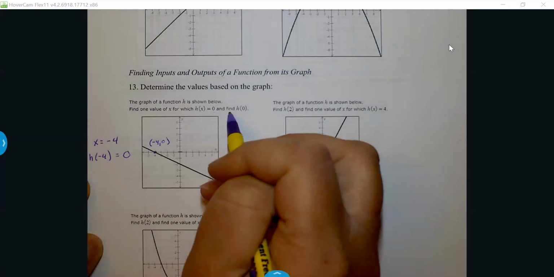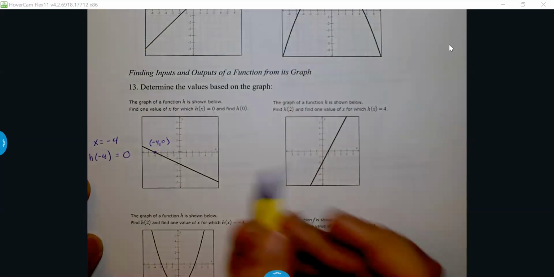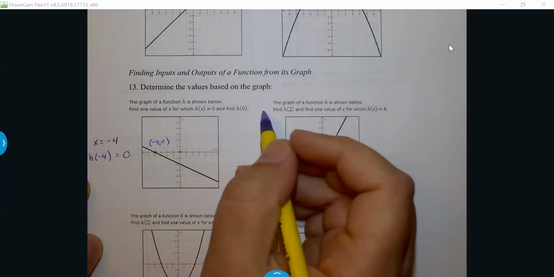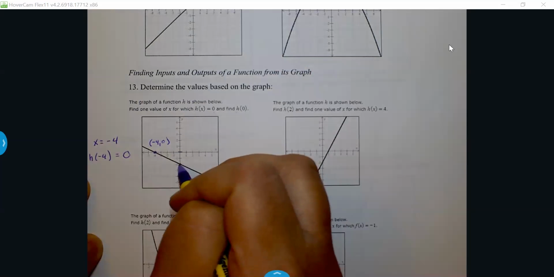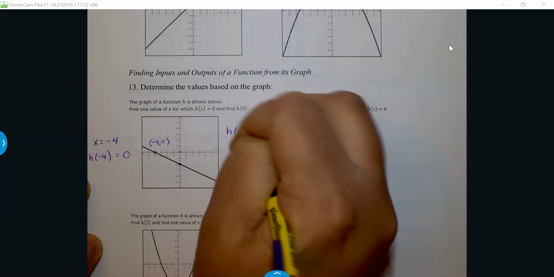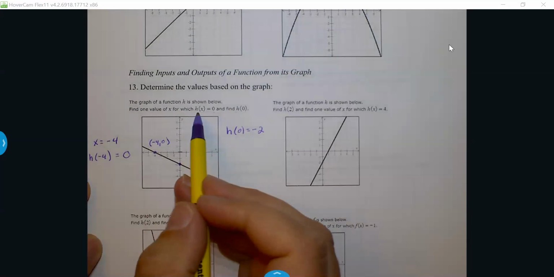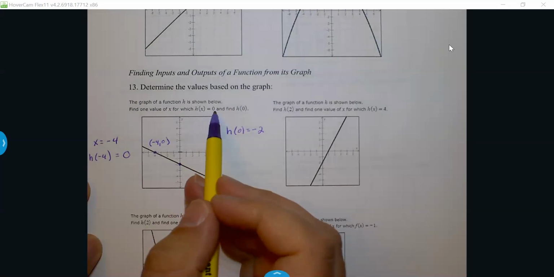Then they also want us to find h of 0. That's the same thing we did up here. We want to find the y value when x is 0. That looks like it is -2. So when we're looking at h of x equals 0, that 0, because it's after the equal sign, is a y value.